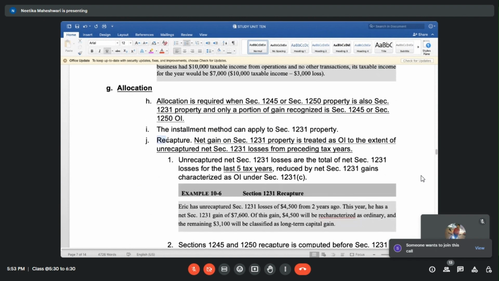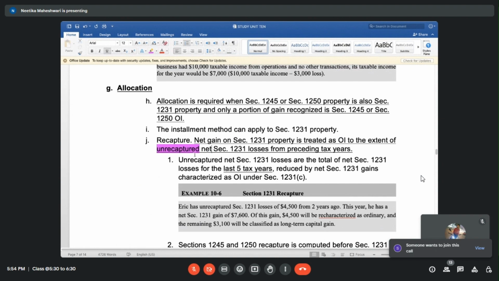Recapture, how does the recapture happen? Net gain on section 1231 property is treated as ordinary income to the extent of unrecaptured, and this is the word that I want to highlight. Unrecaptured means this has not been put up as taxable income again. At some point in the past, a deduction was taken, but it was not recaptured.